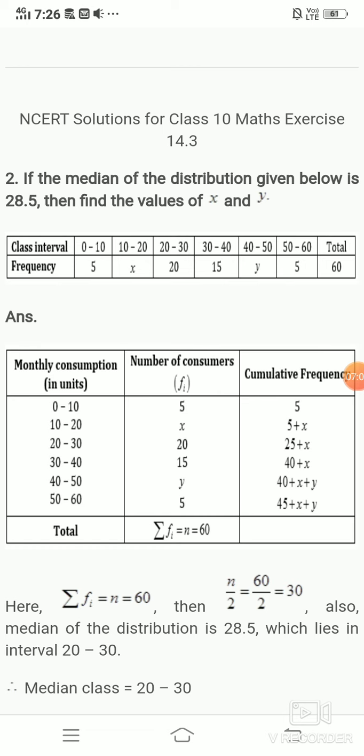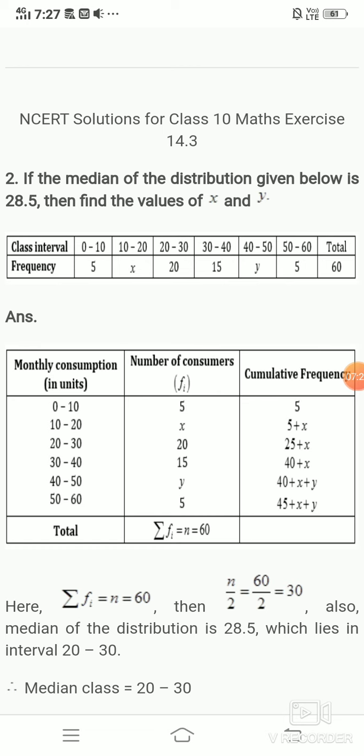Now, in the same way, the total sum of fi is 60. Using this you can write n equal to 60 and n by 2 equal to 30, right? Using this you can write the median class interval.